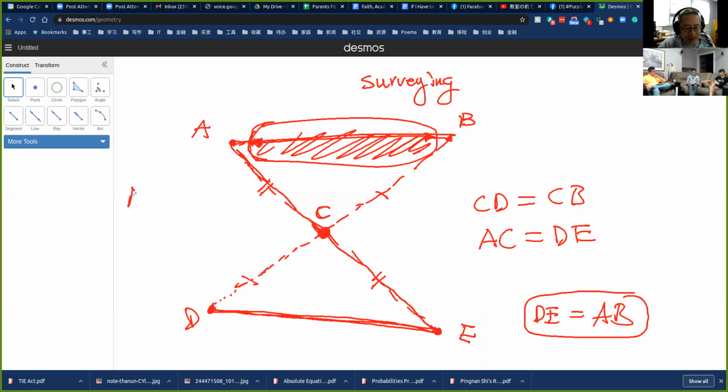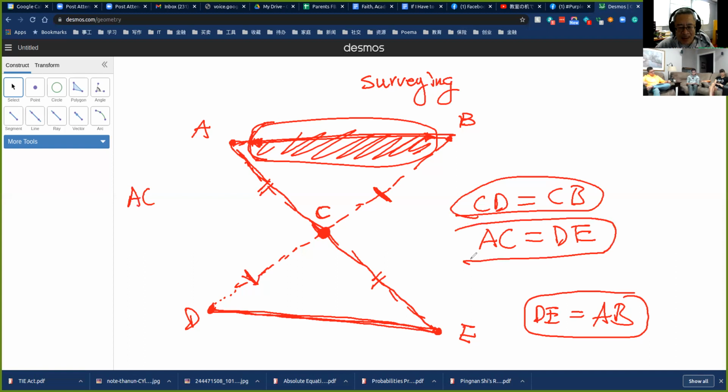So we know AC is given. We have CD congruent to CB, and DE is congruent to AC. So we have two sides congruent, and also the angle, which is called the vertical angle. The vertical angle is always congruent, no matter how you draw it.